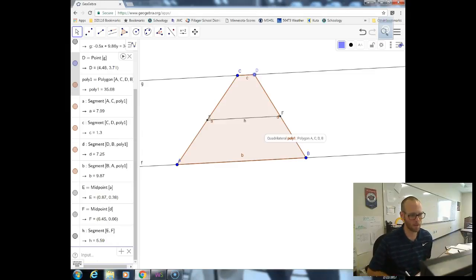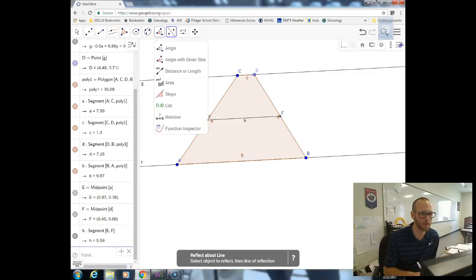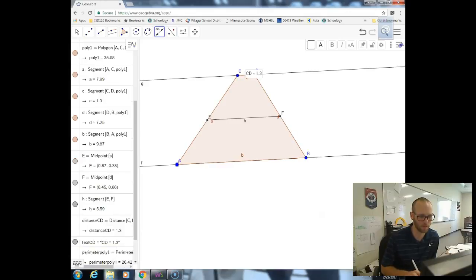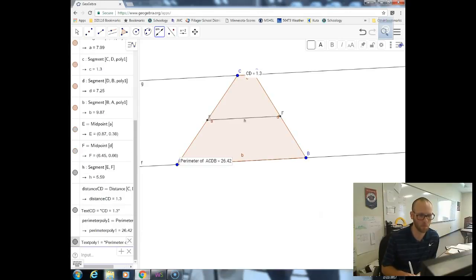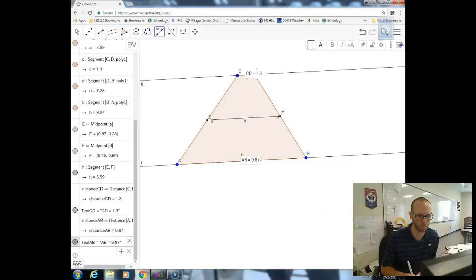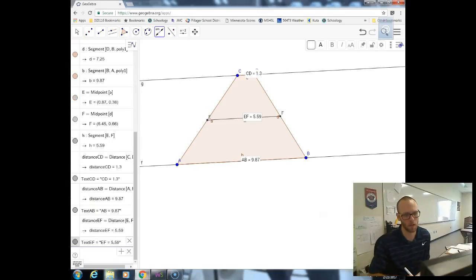Item number two has to deal with their lengths. I'm going to put the lengths of the bases into our trapezoid, and the length of the midsegment. There we go. So take a look at the lengths of the bases and the length of the midsegment.